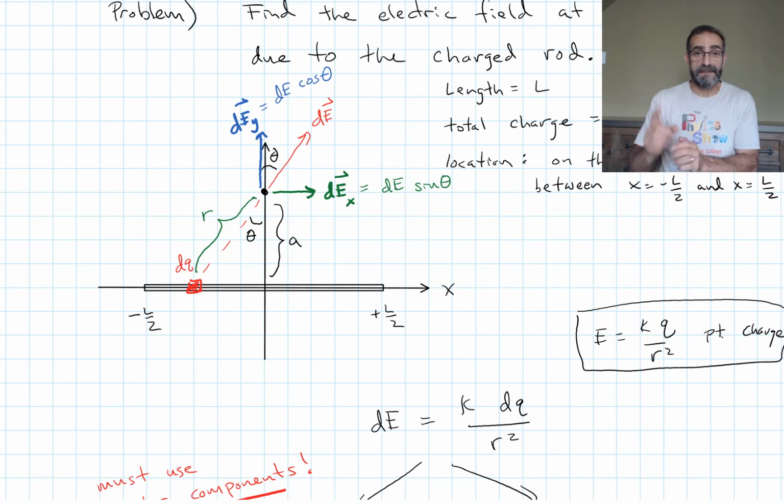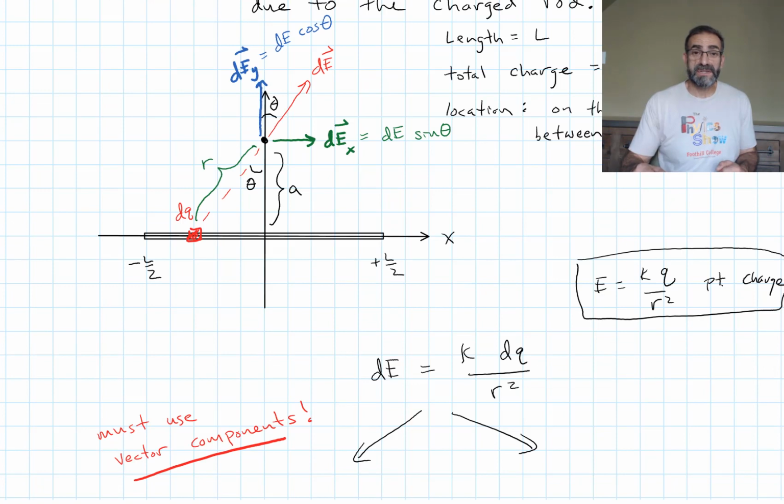In this case, single integral, we should be able to get it down to one variable. I always start with dQ. Let's try to figure out what dQ is, and then we'll move on to other things, theta, x, r, y, whatever we've got. But start with dQ. We want to know, what is dQ? How much charge is there in this little chunk that we're calling dQ?